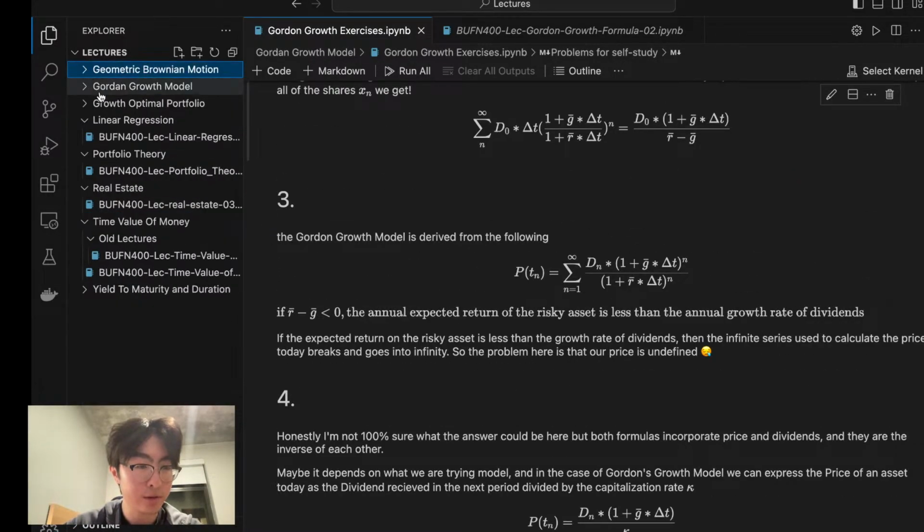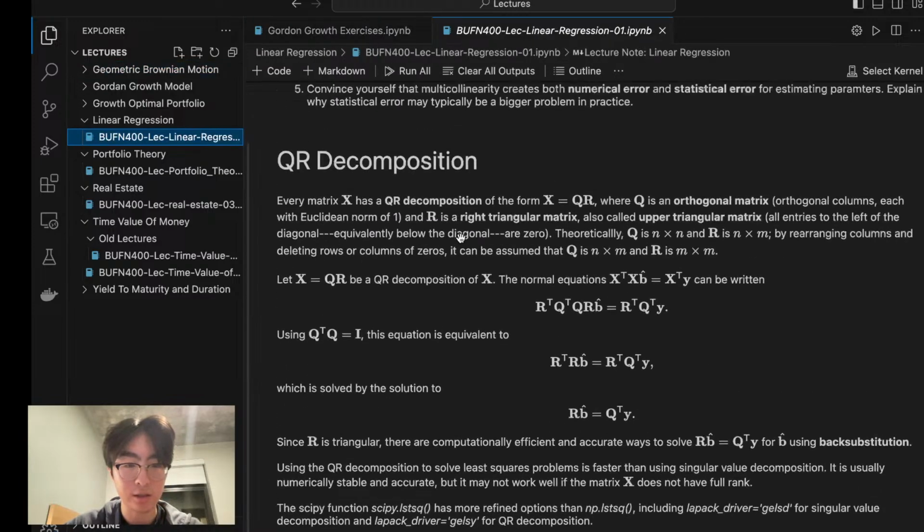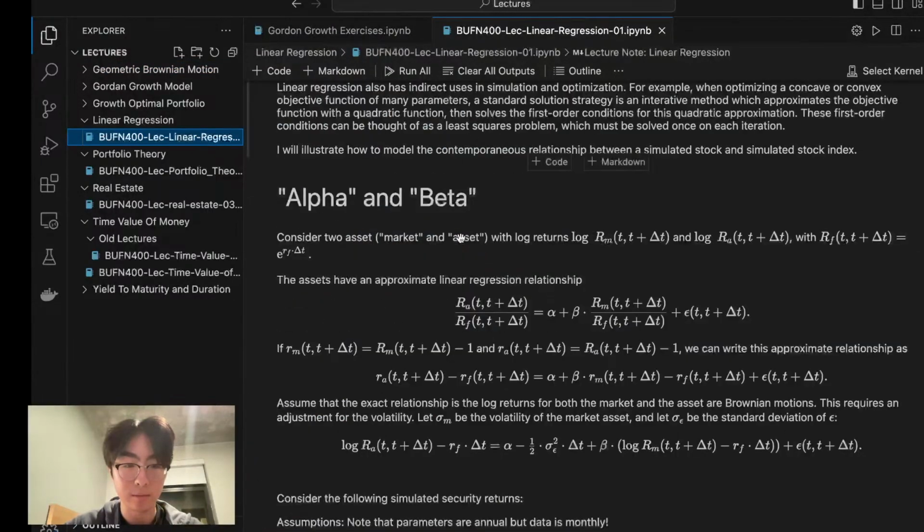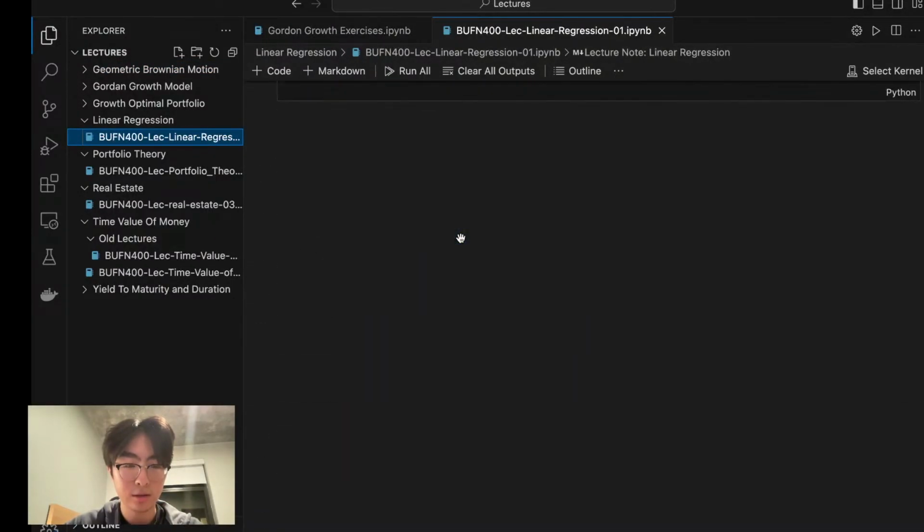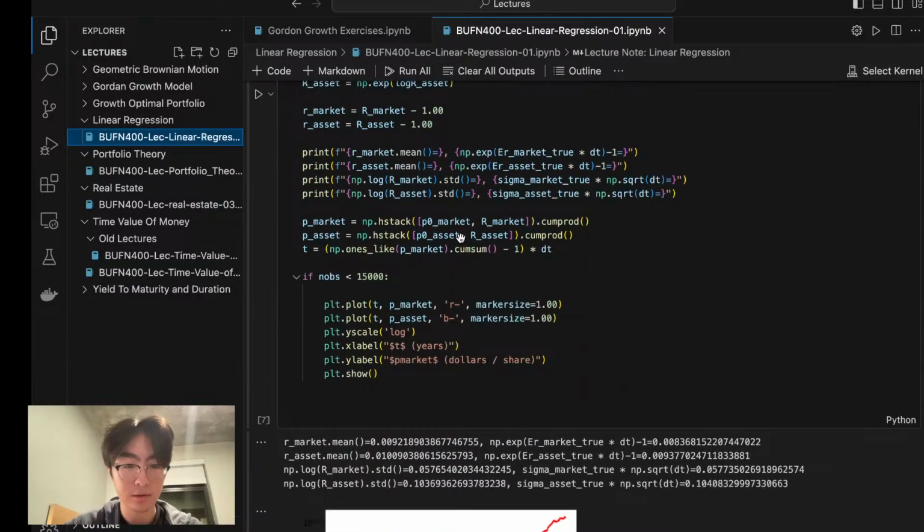Okay, we got 2 lectures down. Linear regression. Yeah, this one's probably going to be really hard. Okay. Puzzle.